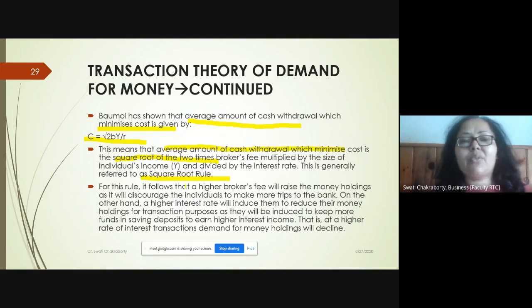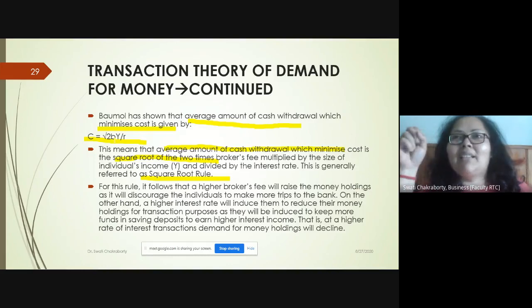So what do we actually see from this rule? If the broker's fee B is high, that means people are not willing to go to the bank multiple times to withdraw money. They would prefer to hold more money on hand, so that they don't have to go to the bank. They'll reduce the number of trips.